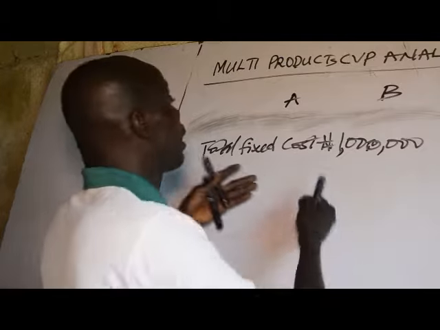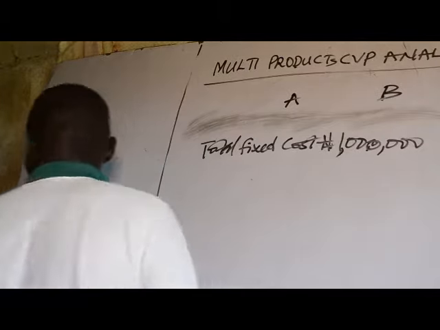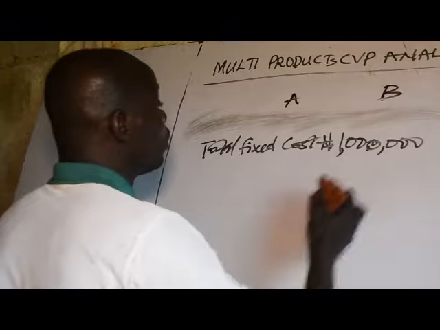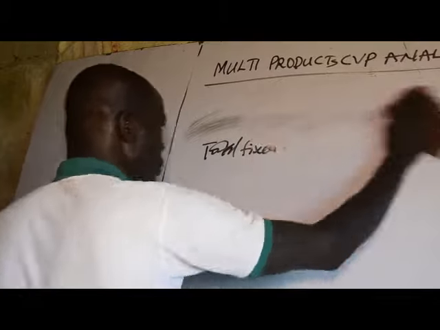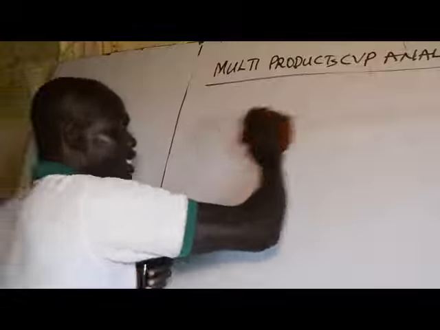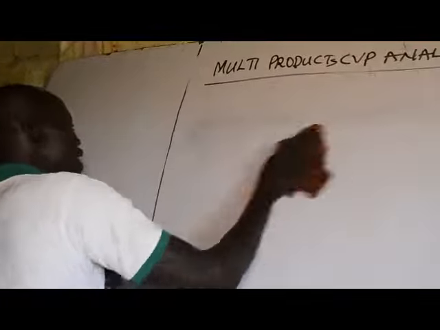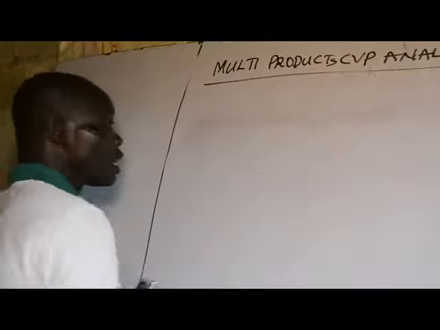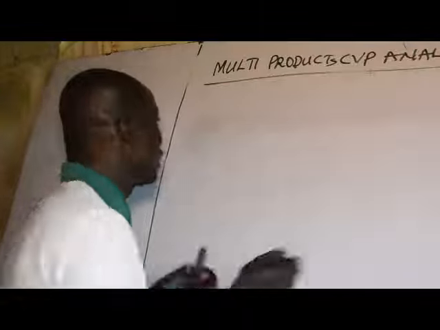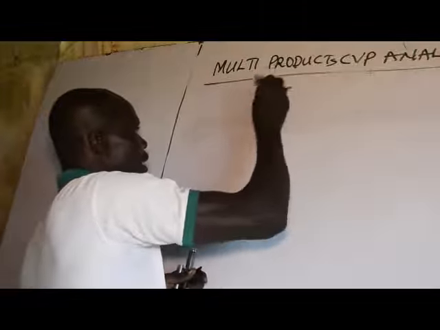It is then that you are going to use the approach which I'm going to consider in this video. What are the steps you need to take in solving questions involving break-even point for multi-product company?